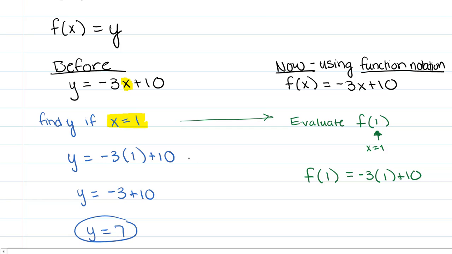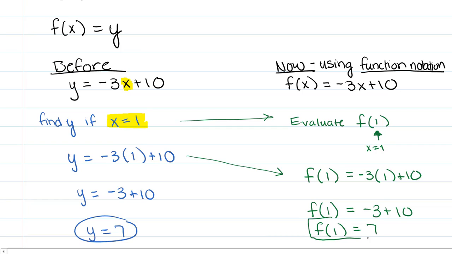Notice it's the exact same thing we had with y, but now we have f of 1. We're specifying the input. We continue to evaluate in the same way. So f of 1 equals negative 3 plus 10, and when I add negative 3 and 10, I get 7. So f of 1 equals 7. Again, that's saying that when the input is 1, the output is 7.